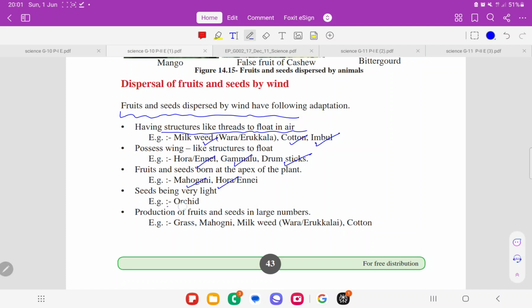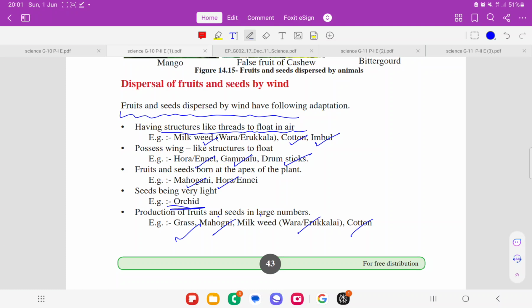Being very light, orchid is the example, and production of fruits and seeds in large numbers: grass, mahogany, vara, cotton, all those we can go for. Actually normally if it is dispersed by wind, mainly they produce a large number of seeds and fruits, because most of them are destroyed due to various reasons. That's the reason.